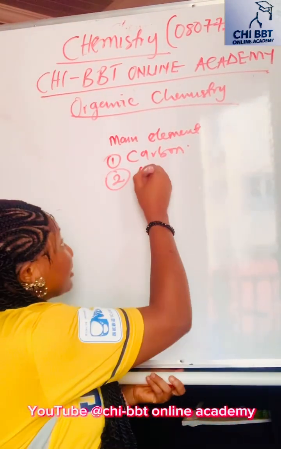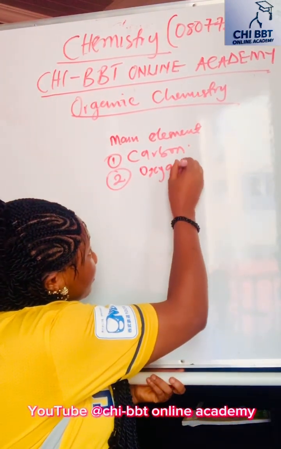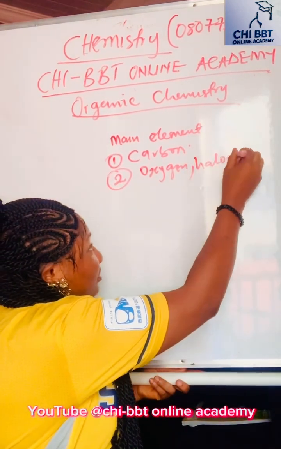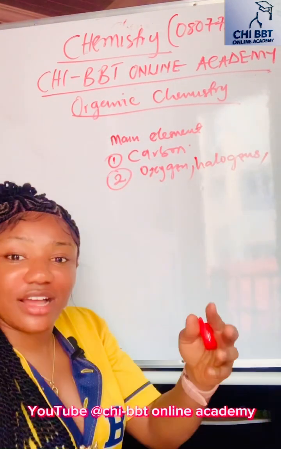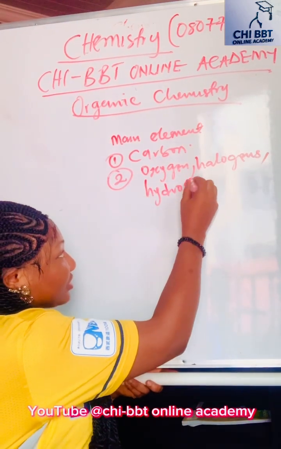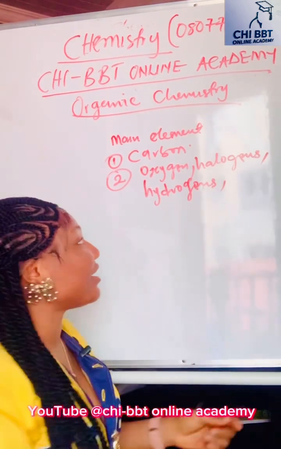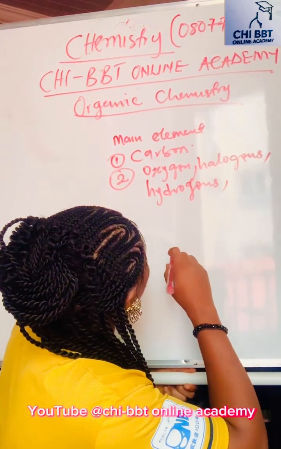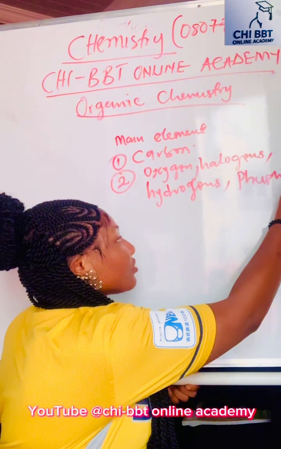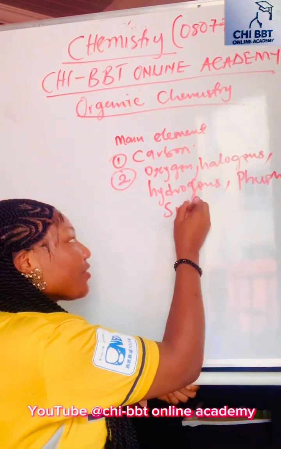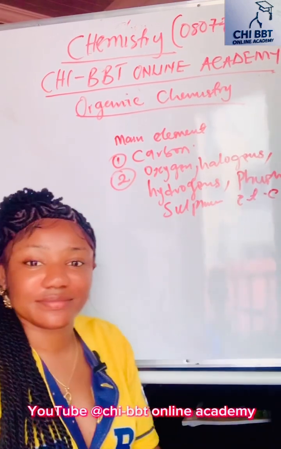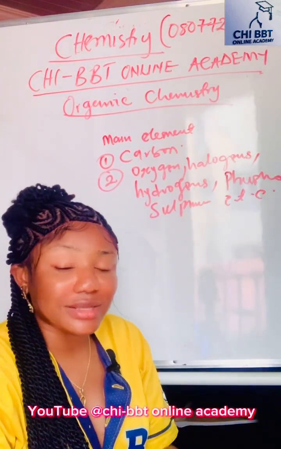You have like oxygen, the halogens, the hydrogens, then sulfur or phosphorus, etc.